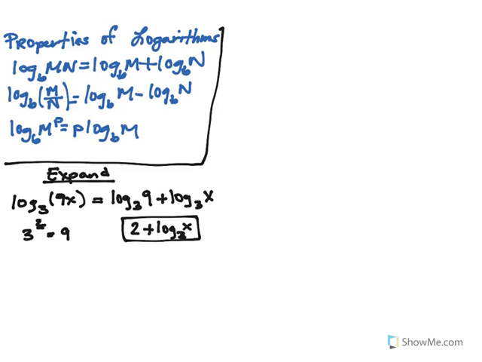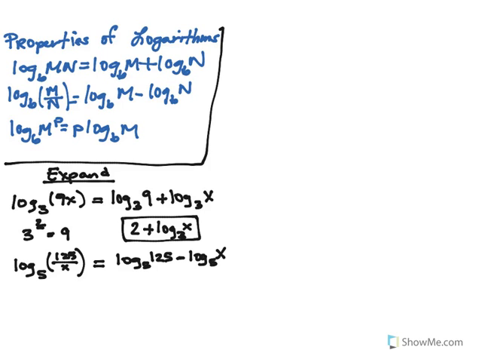Okay, let's look at this. Log base 5 of 125 over x. When we look at this, it's going to expand into log base 5 of 125. It is a division, therefore using my properties, it expands to a subtraction. So log base 5 of 125 minus log base 5 of x.